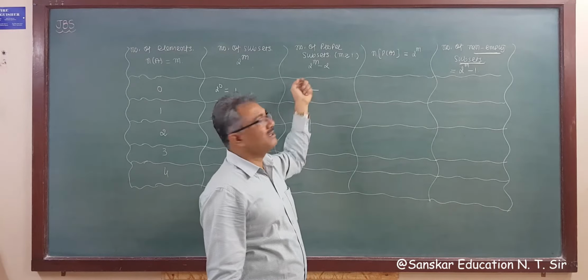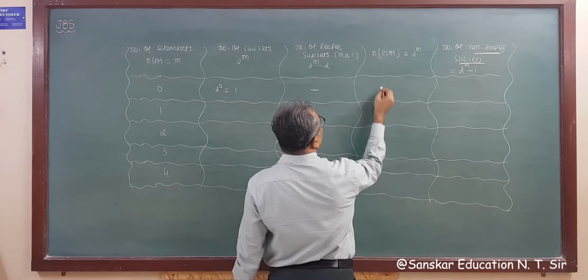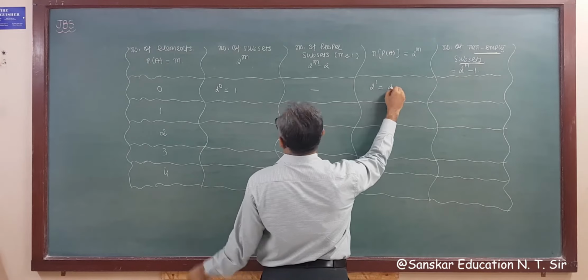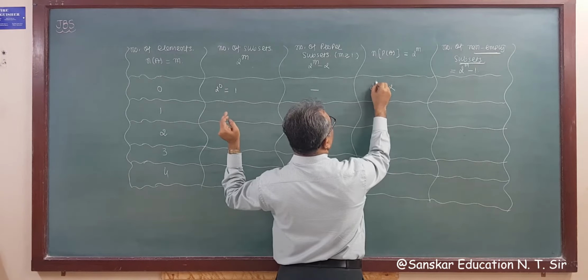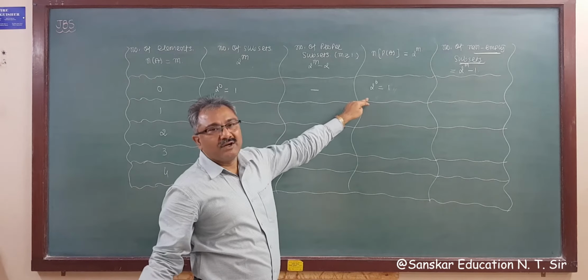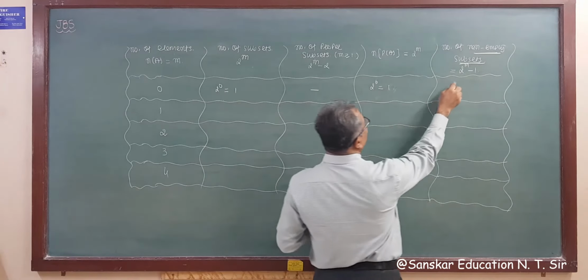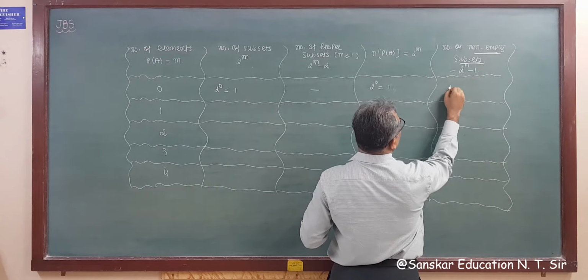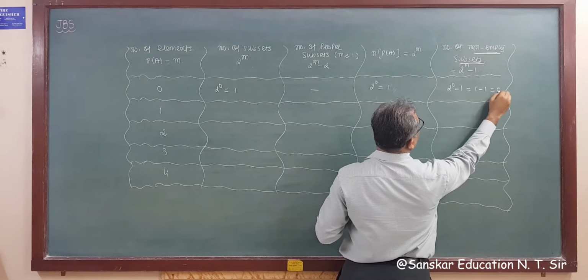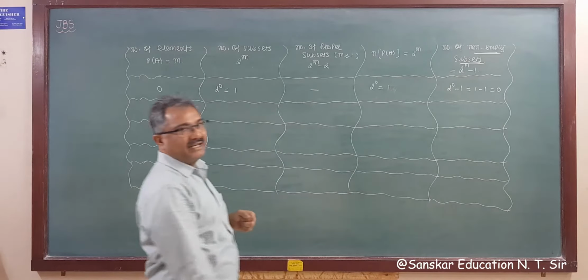Now the number of power set of A is 2 raised to 0, that is 1, same as the number of subsets. And non-empty subsets means 2 raised to 0 minus 1, that is 1 minus 1 is equal to 0, right?